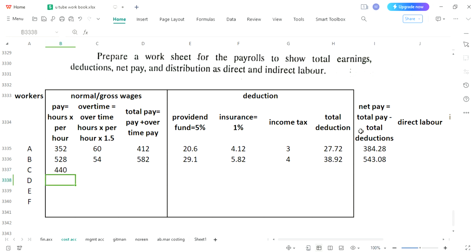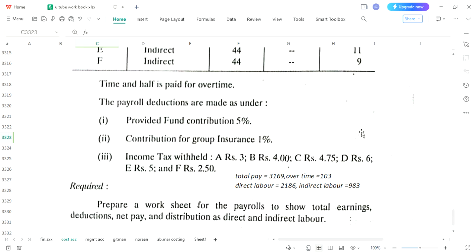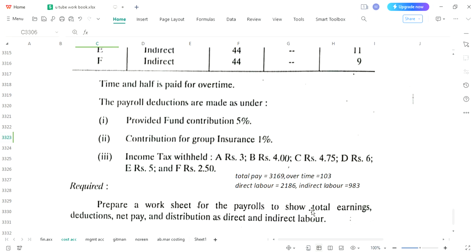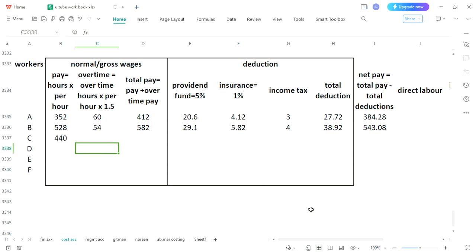This way your payment has arrived. Now you will see how much overtime he had done. Worker C, 4 hours. Please do understand, 4 hours multiplied by 10 per hour and multiplied by a fixed factor 1.5, 150%. So you will get the overtime payment.